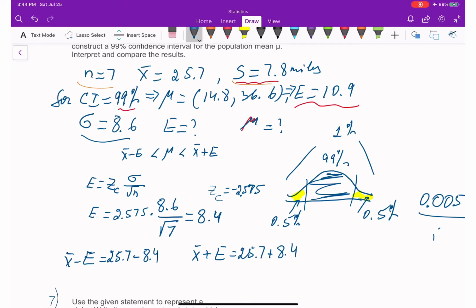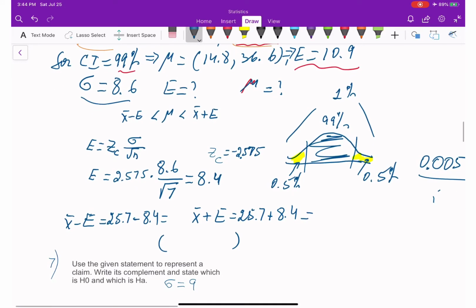Well, you can add them, right? You can finish this and write down in the interval these two numbers. Okay, so this is the solution.